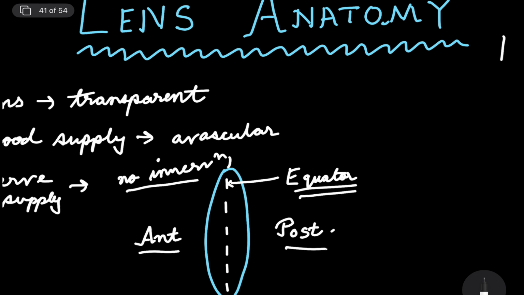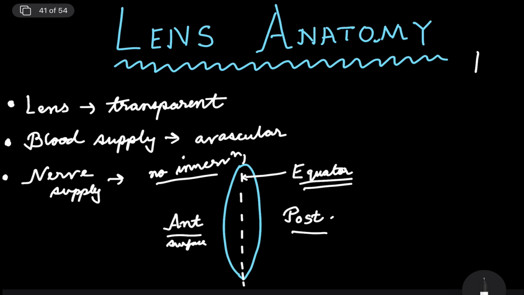Now, this anterior surface of the lens, although it is not very deducible from this image, I would like you all to make a mental note of the fact that the anterior surface is flatter compared to the posterior surface. The posterior surface of the lens is actually more curved. Okay, this is less curved and this is more curved. What do I mean by curved over here?